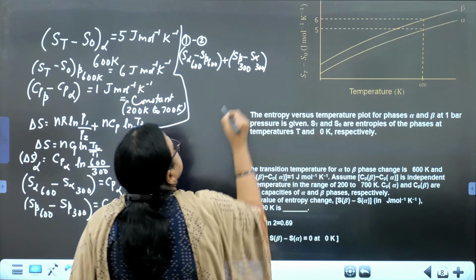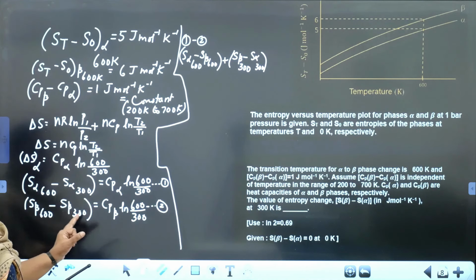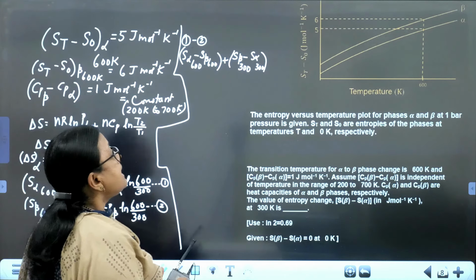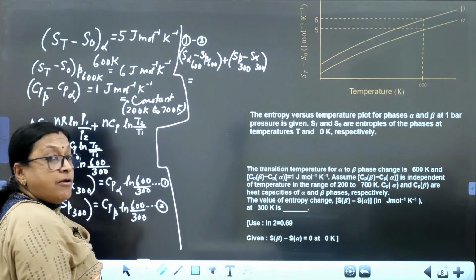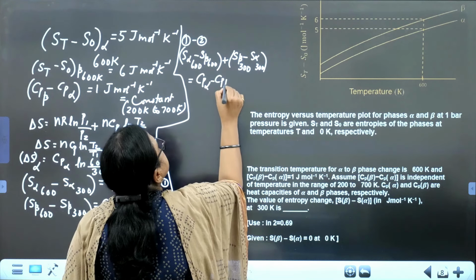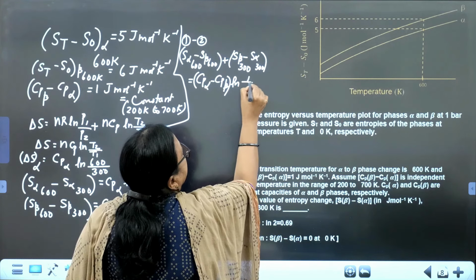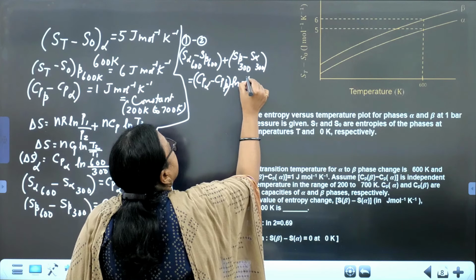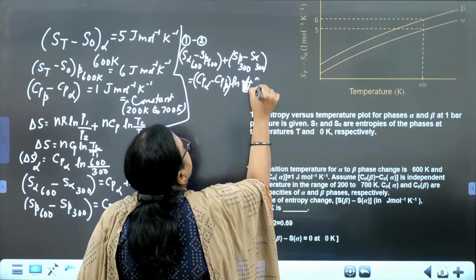Hope you got it. That comes out to be S beta 300 minus S alpha 300 equal to Cp alpha minus Cp beta into ln 600 by 300, which is ln 2, not ln half.